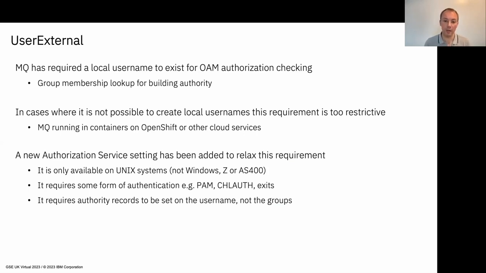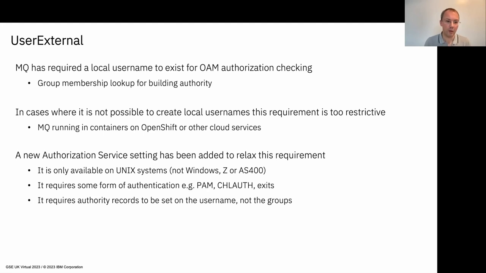That's where MQ uses the local user's group membership to define what groups that user belongs to, which you can then define authorities in MQ against. In container environments, you don't necessarily want to be defining local users because of how those containers are started and deployed. And although MQ also supports things like LDAP, you might not necessarily want to be running in an environment using that to get in users from elsewhere.